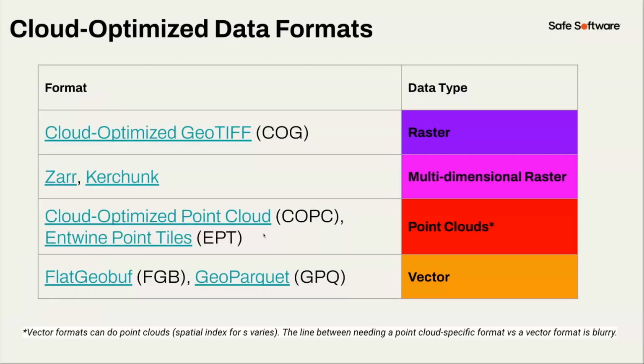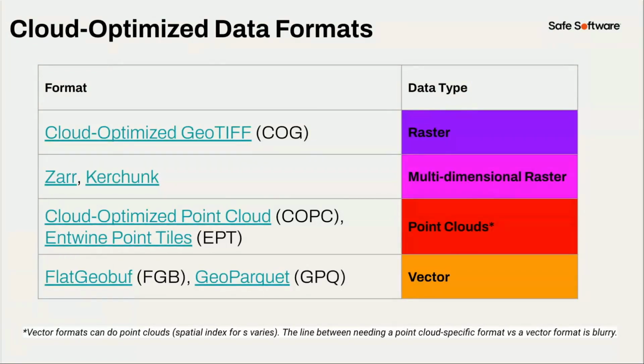Okay. So just as an overview, as I mentioned, different data types need different data formats. And so since this is an overview session, I picked out 4 main data types that you all might be providing or using, and their recommended Cloud Native Geospatial data format. And so for raster data, currently what we view as the best option is the Cloud-Optimized GeoTIFF.